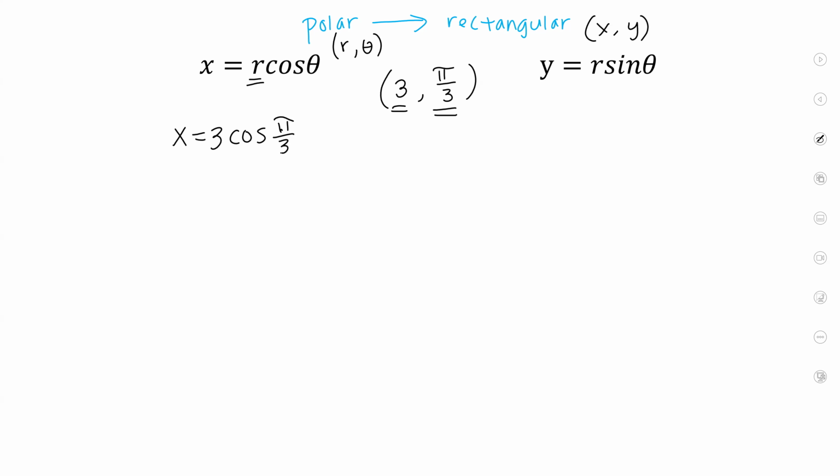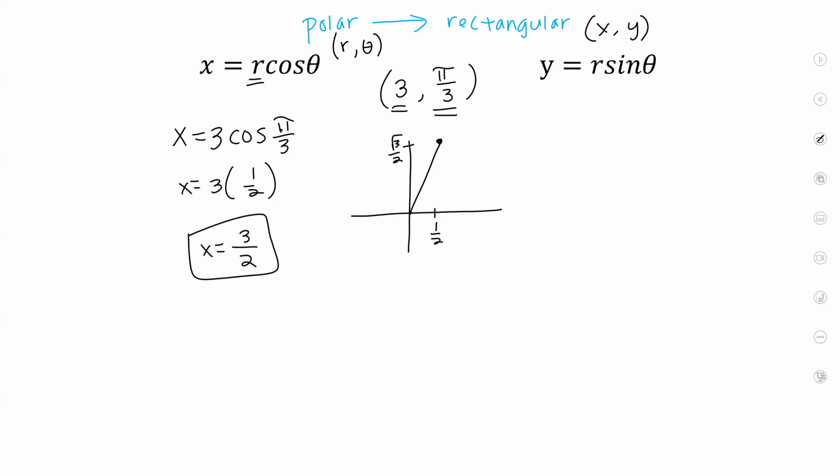Well, cosine at pi over 3, if you need a picture, it's right here. So I know that that x value is at 1/2, and the y value is at square root of 3 over 2. So this is 3 times 1/2, which is just 3/2. That's my x value. Now let's find my y value. Radius is 3, and I'm going to do sine at this angle, pi over 3.